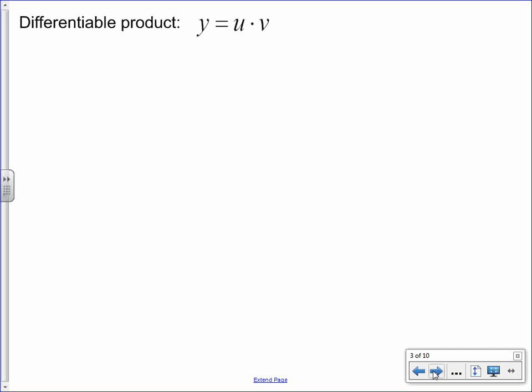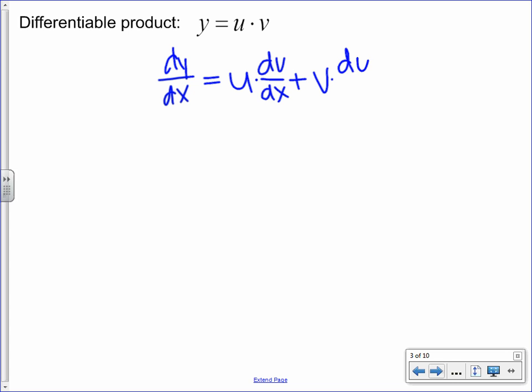What's the derivative of u times v with respect to x? du/dx times v plus dv/dx times u. Doesn't matter what order.